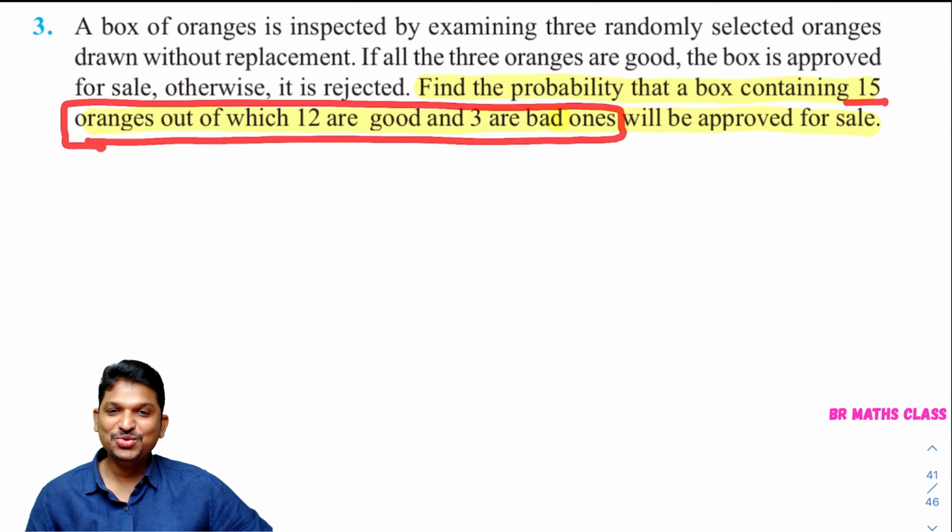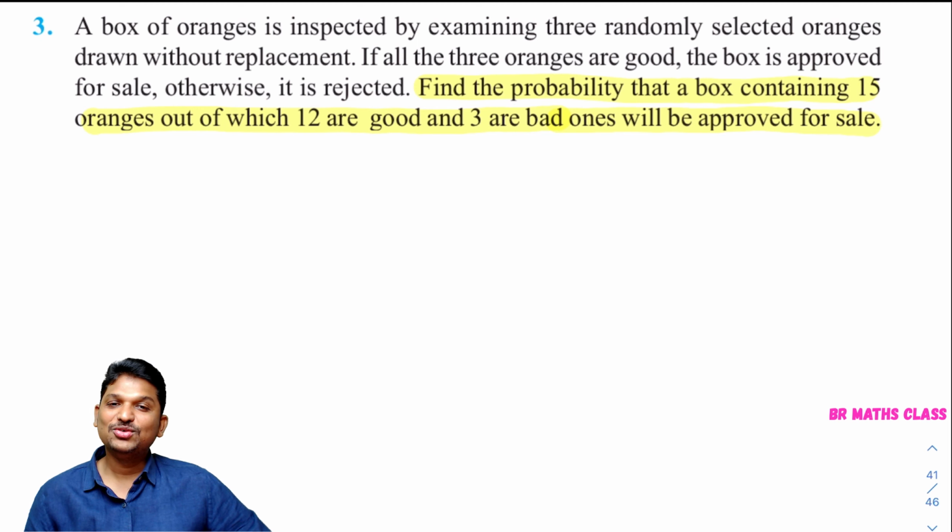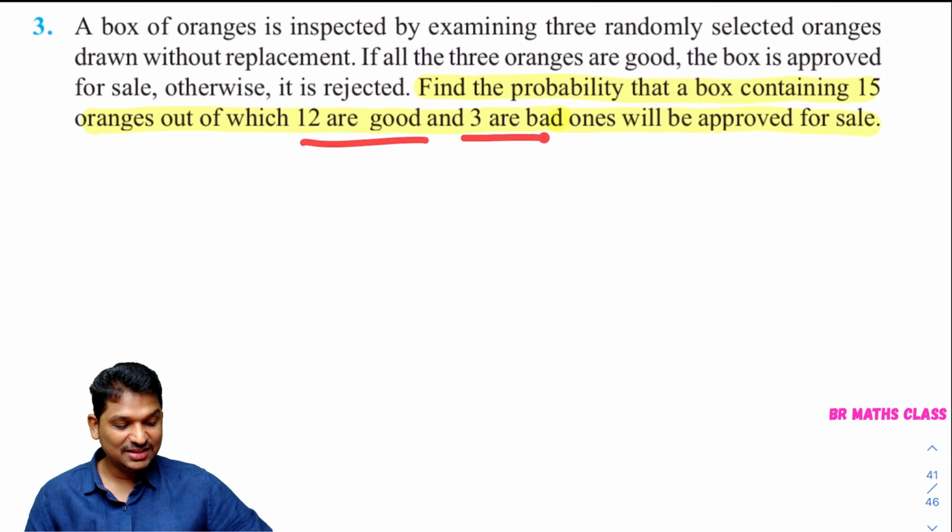If there is no damage in the fruit, then we can say it is good. If something is not edible, then that is a bad one. So in a box 15 oranges are there, 12 good and 3 bad.